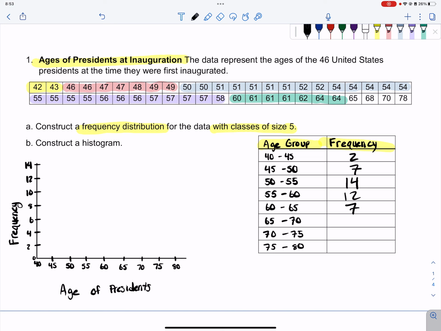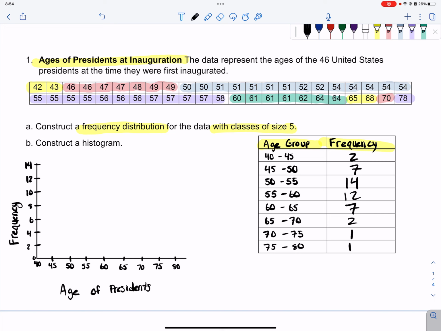And then 65 to 70, we have 2. And then 70 to 75, we just have 1. And then 75 to 80, once again, we just have 1 for that one as well. So that there would be our frequency distribution, our table for this.